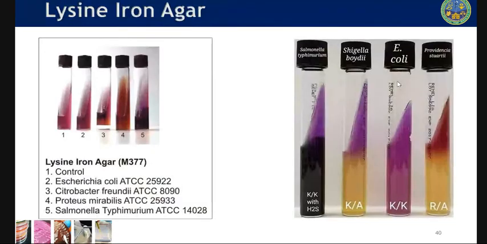All right, so other than that, you could also have lysine iron agar as part of your panel for biochemical testing. For lysine iron agar, you could test various biochemical reactions, an example of which is lysine decarboxylation and deamination.